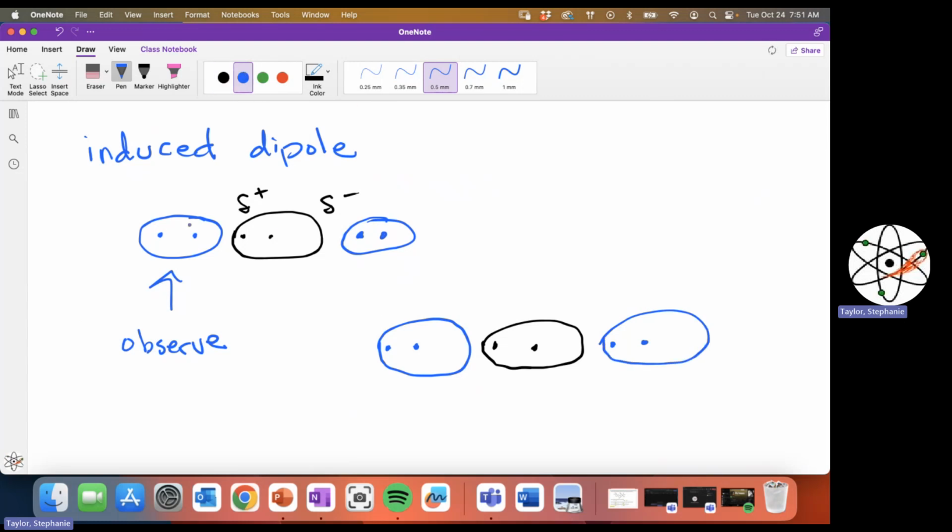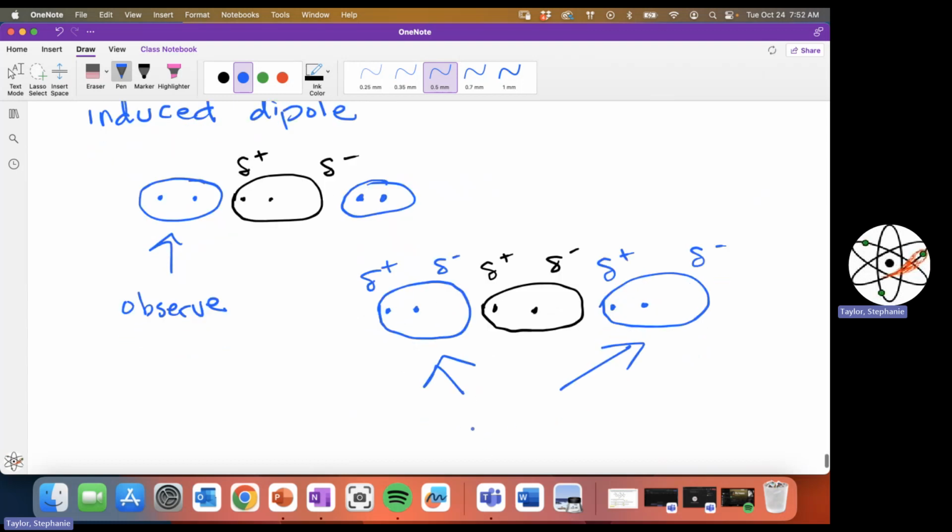So basically, where before I had two nonpolar ones with no partial charges, now suddenly I have a whole bunch that are expressing a dipole. We're going to pretend that these are nonpolar, so these are things where the dipole is not constant. But I'm going to have an induced dipole where my blue ones are.